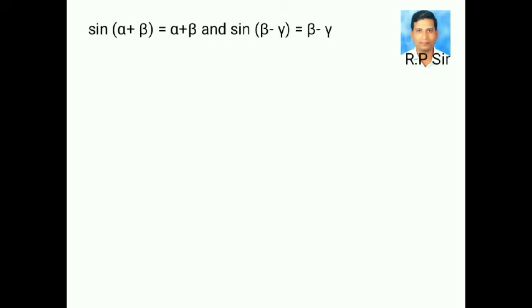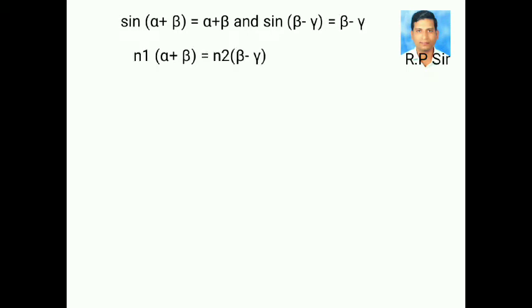Substituting these values in equation 1, we get n1 into (alpha plus beta) is equal to n2 into (beta minus gamma). Therefore, n1 alpha plus n1 beta is equal to n2 beta minus n2 gamma, equation number 2.